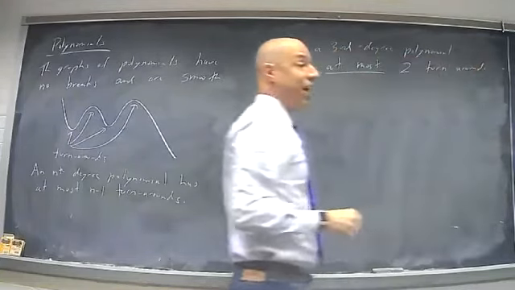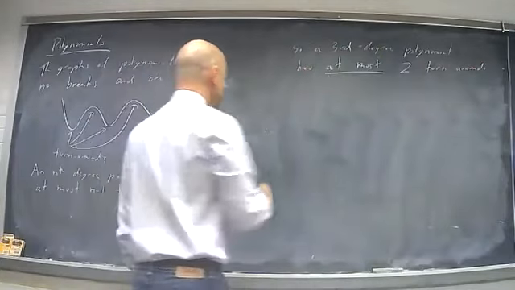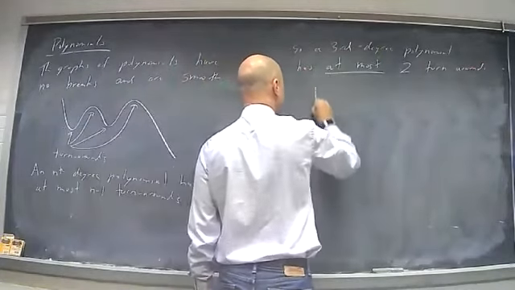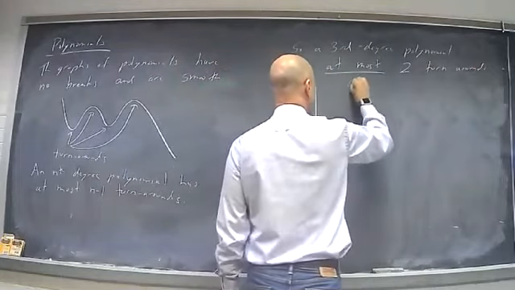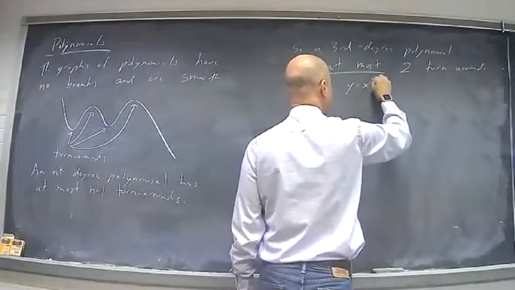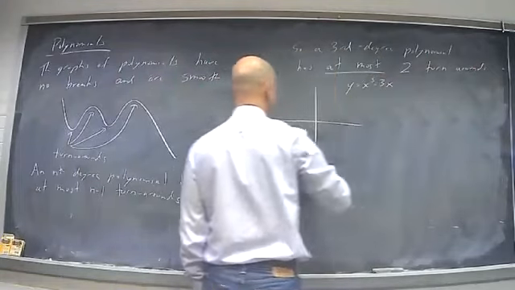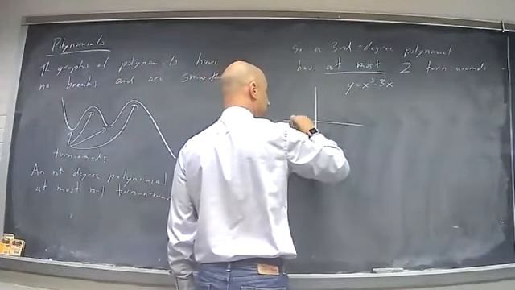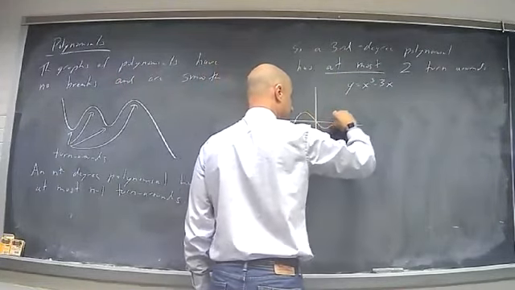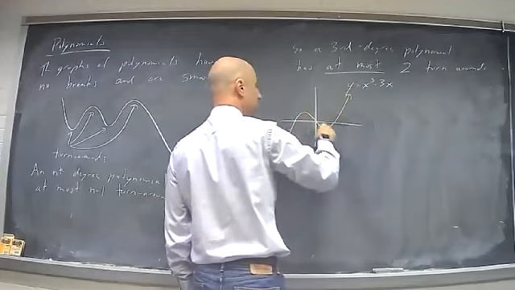not all of them have exactly 2. Let me show you 2 cubic polynomials. Y equals x cubed minus 3x has exactly 2. 1, 2.